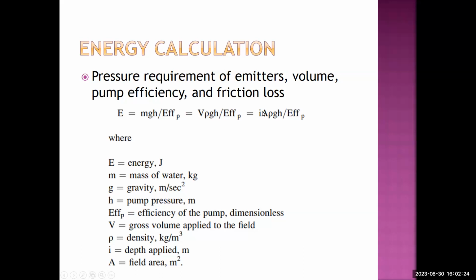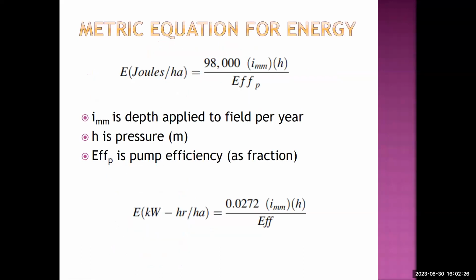We're going to convert that to this equation. If we do all the unit conversions, the energy in joules per hectare, so joules is energy, it's watt times seconds, is 98,000 times the depth we're applying to the field, times the pressure that we're adding with the pump, divided by the efficiency of the pump as a fraction.